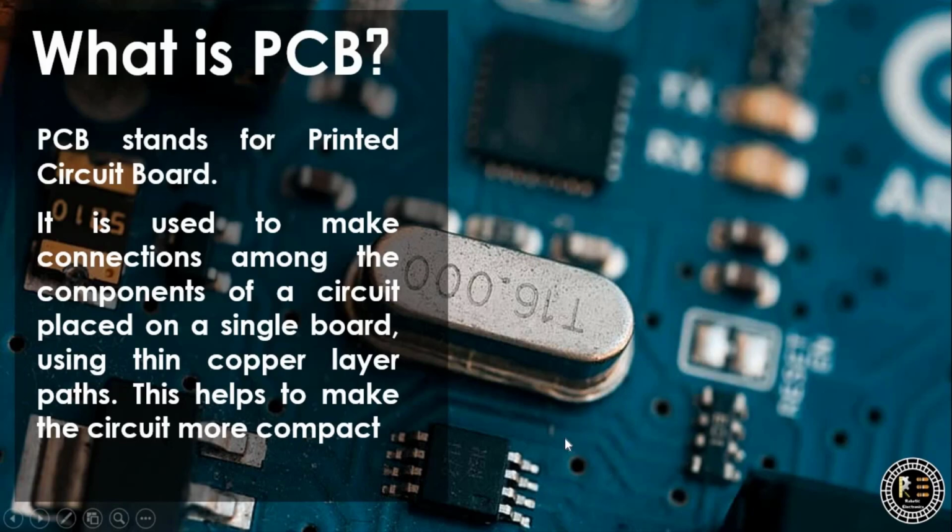Now, follow me, these are the copper layer paths. These light blue lines are the copper layer paths, and you can see some are here, and from this component the copper layer paths are emerging.